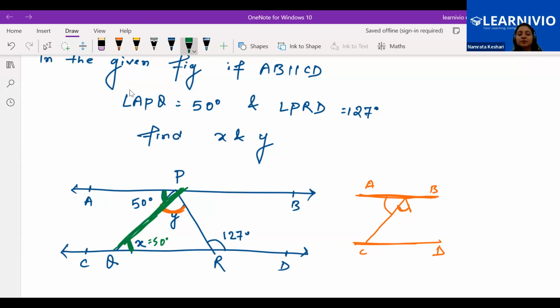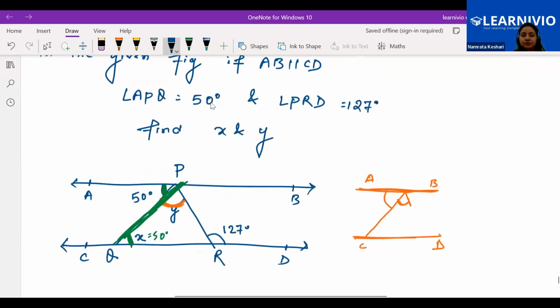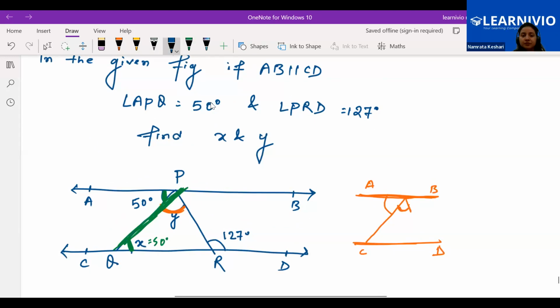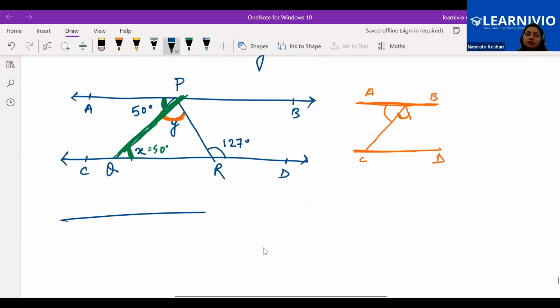Ma'am, X has a co-interior angle. Which two are co-interior? Ma'am, X and Y. No, no, no. We cannot say that.